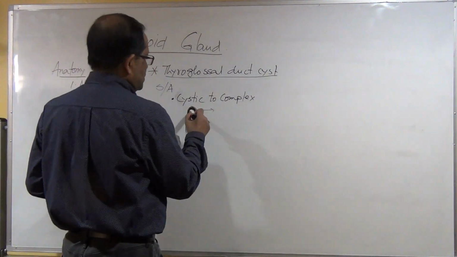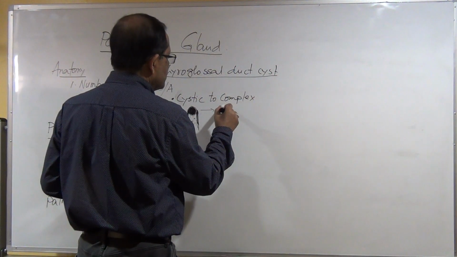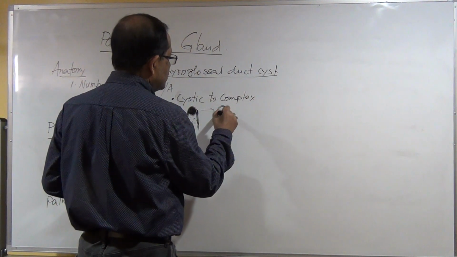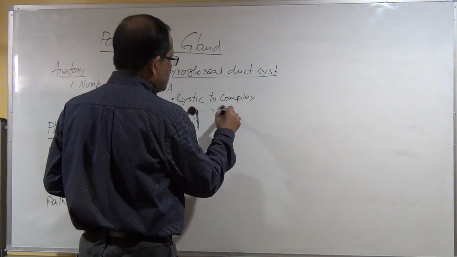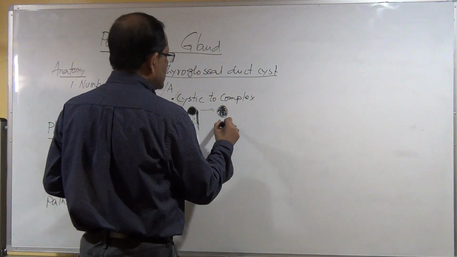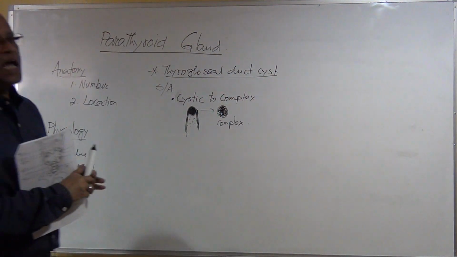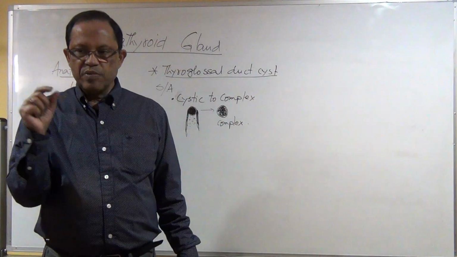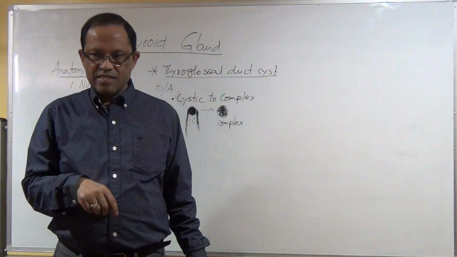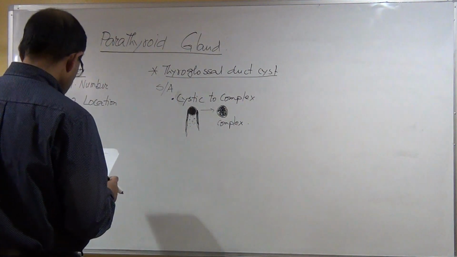You might see a complete cyst, or a complex appearance because of infection. Usually, if it is a midline bump, people squeeze and palpate it, bleeding takes place inside, and infection occurs. So this is the sono appearance, cystic to complex.